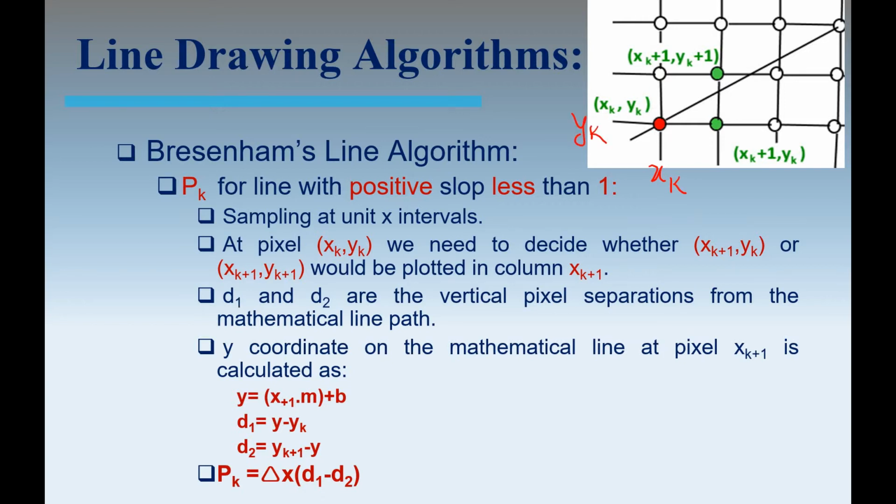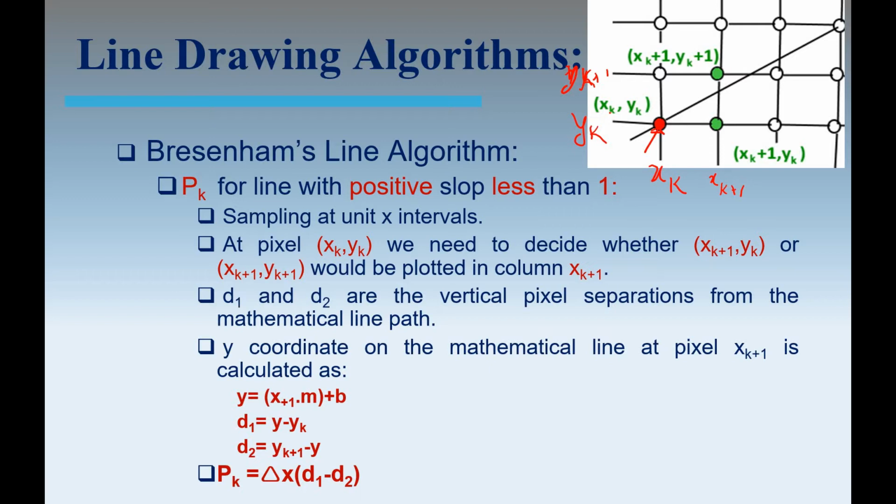If this is your xk line, this one will be xk plus 1, and this one will be yk plus 1. The horizontal line will be x and the vertical line will be yk plus 1. So we are here at this particular point.